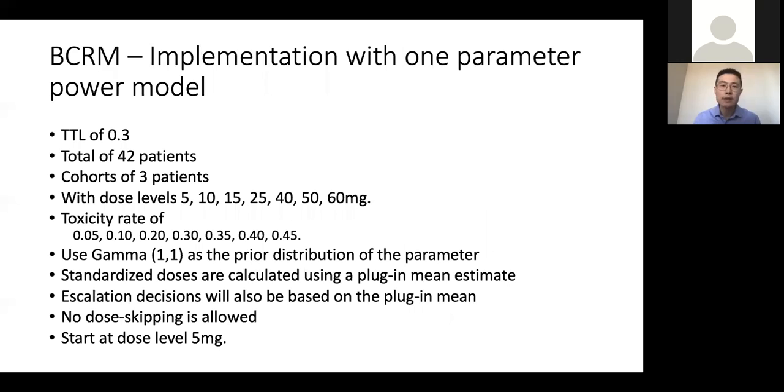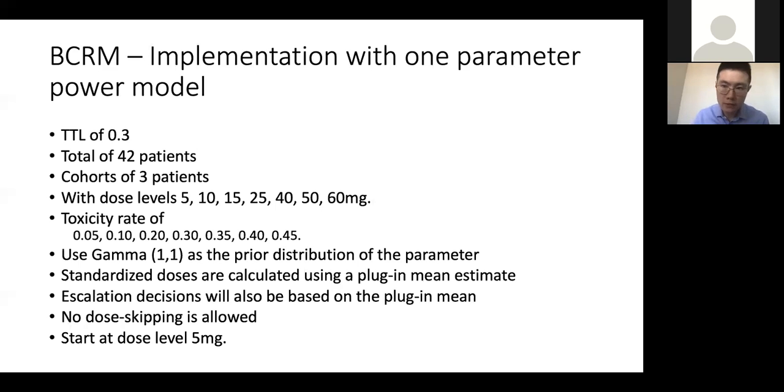Okay, and here is an example of how we implement the BCRM with the one parameter power model. To set up our BCRM algorithm, first we need to have our targeted toxicity level, and we have the flexibility to set it to be 0.3 or 0.25.